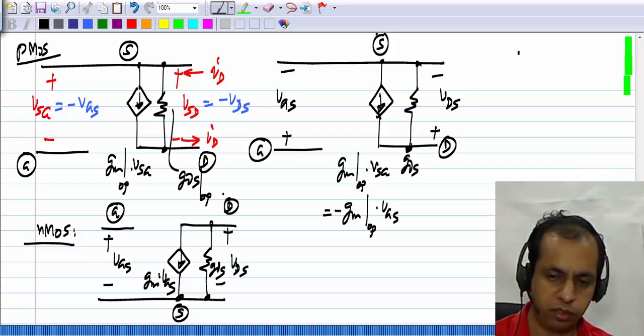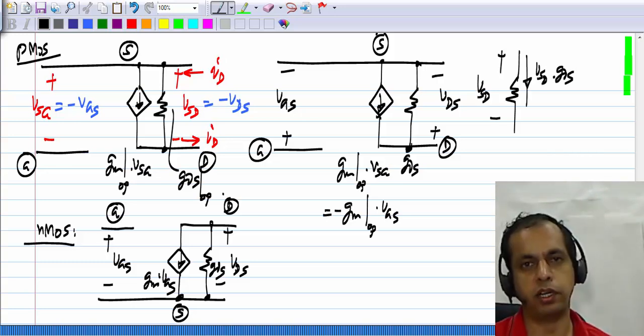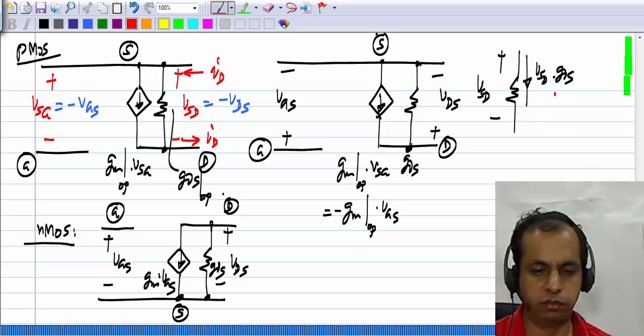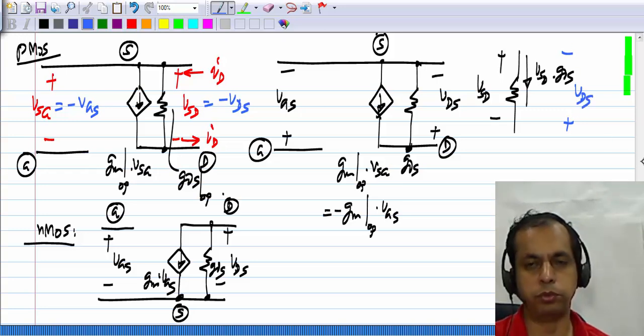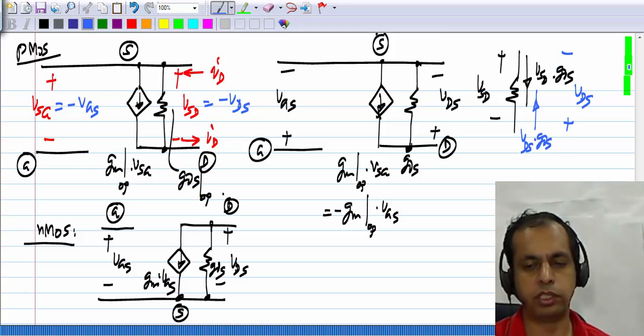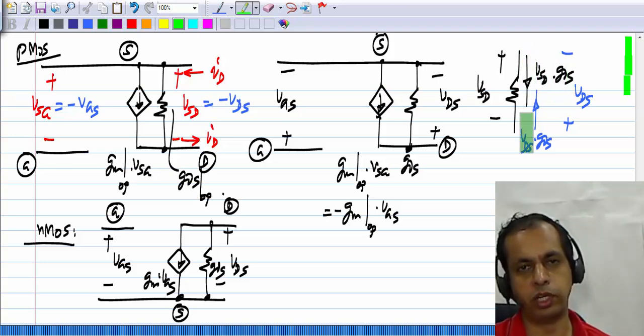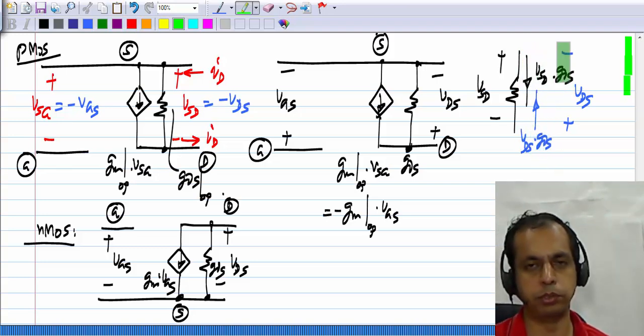Because if you choose VSD, then you will say that VSD times gds will be flowing in that direction. Alternatively, if you choose VDS as the variable, which would be in the opposite polarity, VDS times gds would be flowing in that direction, which is exactly the same. You can see that VSD times gds flowing downwards is exactly the same as VDS times gds flowing upwards. So there is no change there.